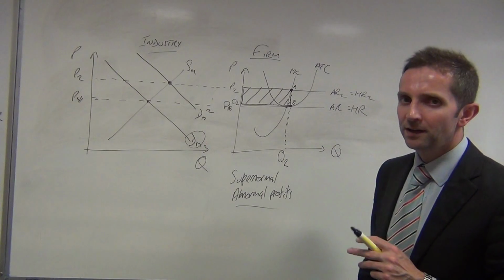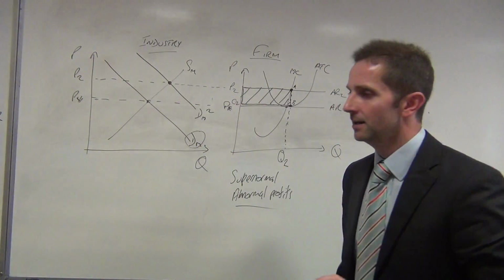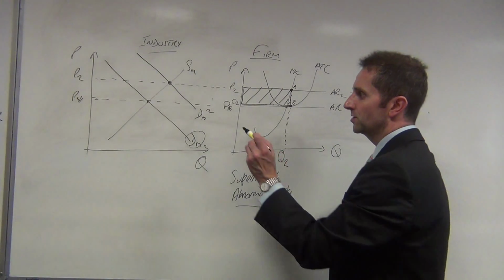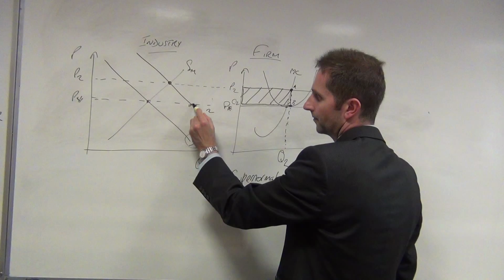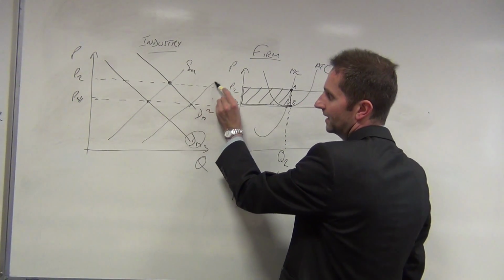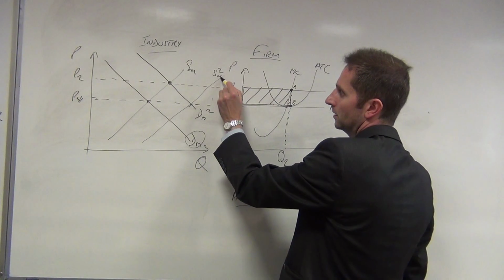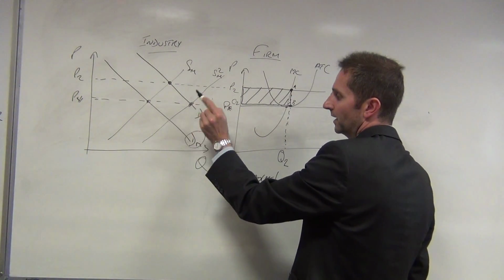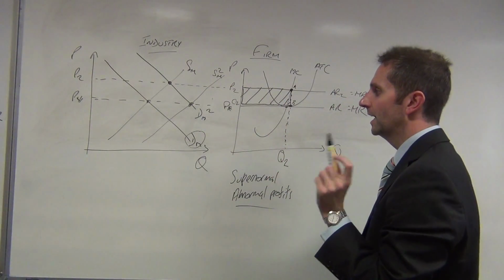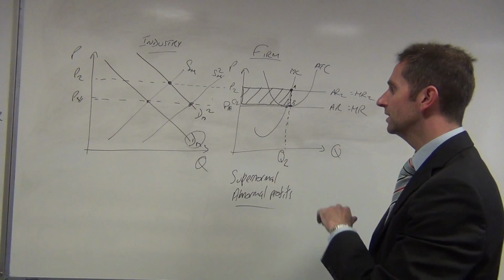And what would happen is that more entrants would enter the industry, and as a consequence, the supply curve would shift to the right, and you could end up all the way back at your initial equilibrium price of P star, the only difference being that you have an increased number of firms in the industry.